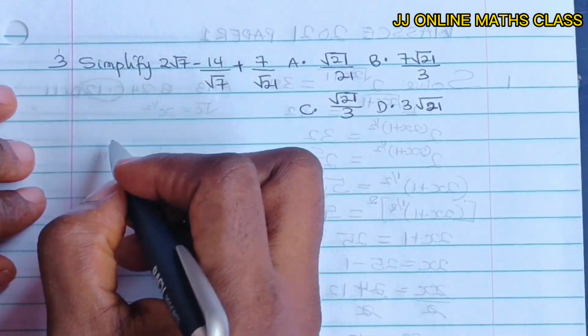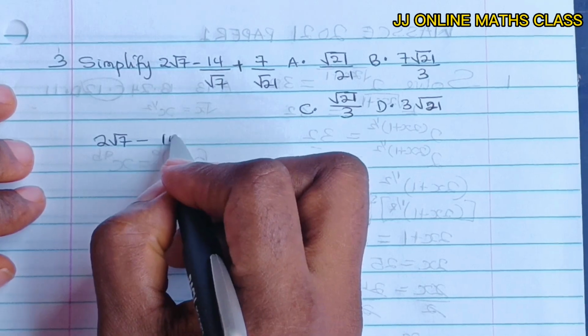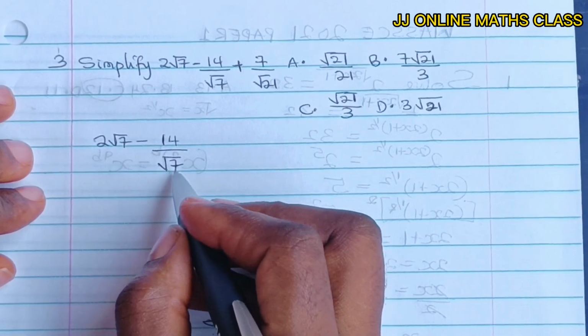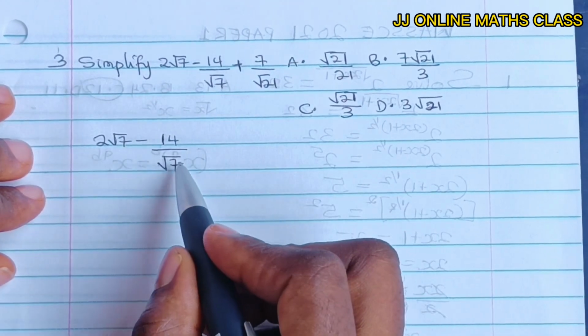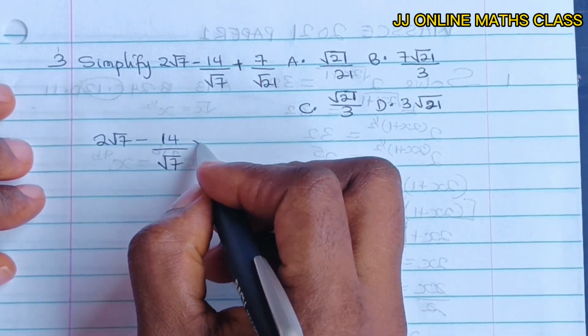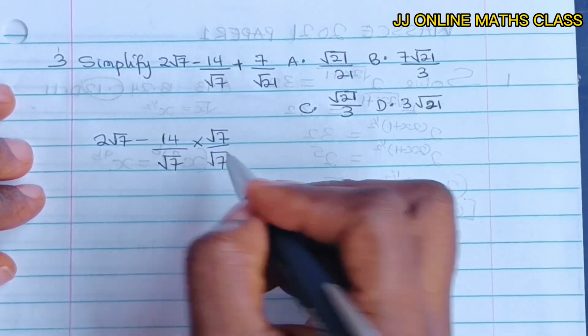Now we are asked to simplify this. This is 2 root 7 minus 14 over root 7. Now this root 7 here is a surd and is not supposed to be the denominator. That means we need to rationalize it. Okay, and to rationalize this is going to be times root 7 over root 7.